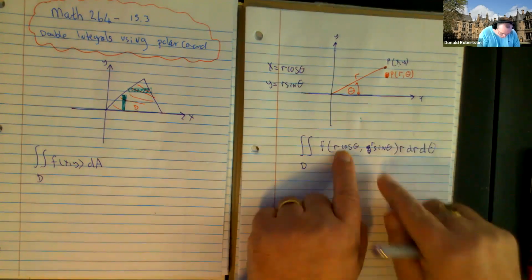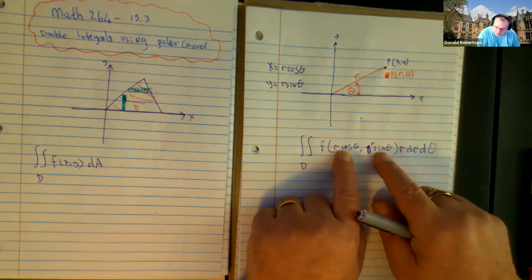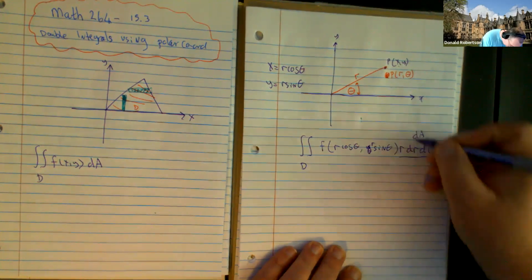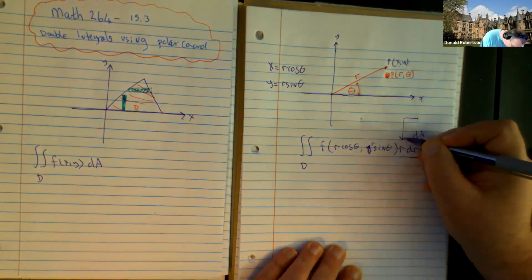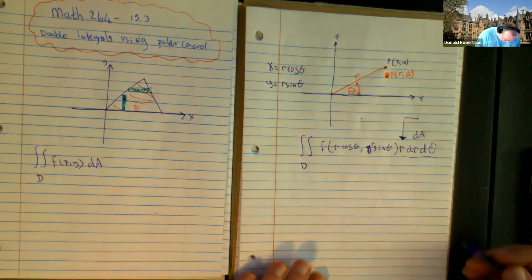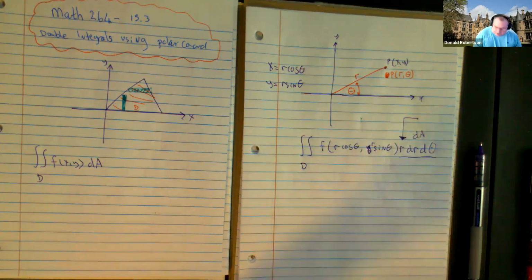So the x's and the y's in your formula are going to become r cosine thetas for the x's and r sin thetas for the y. And this guy here is essentially dA. And there is an extra little r, which I forget a lot. That extra little r comes about because of the change of way of measuring it.